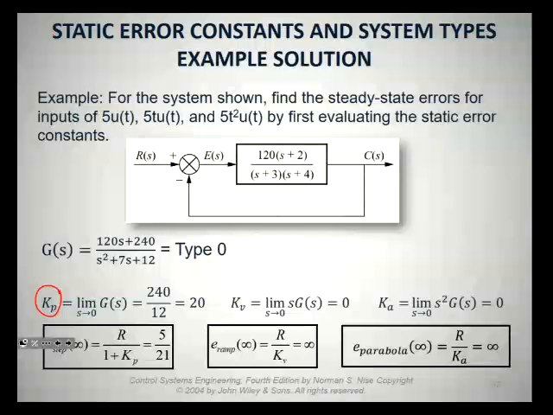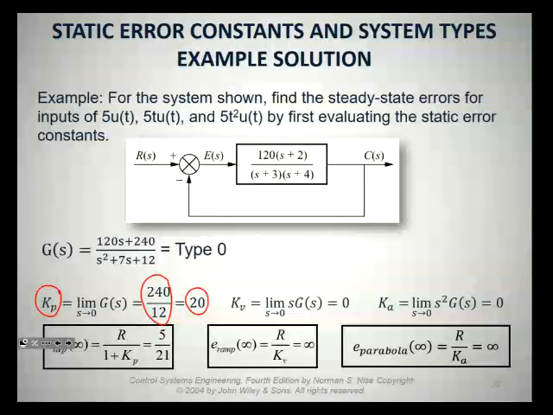The actual step hasn't come into it at this point. By making all the S's 0, what we have left is 240 over 12, which gives us 20.